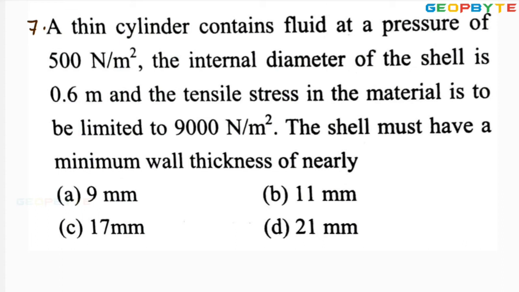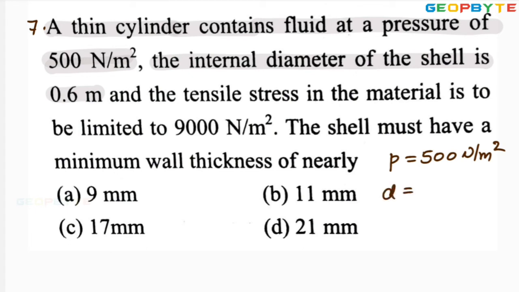Look at the 7th problem. A thin cylinder contains fluid at a pressure of 500 Newton per meter square. Pressure of the fluid given 500 Newton per meter square. The internal diameter of the shell is 0.6 meters. Internal diameter D equal to 0.6 meters.